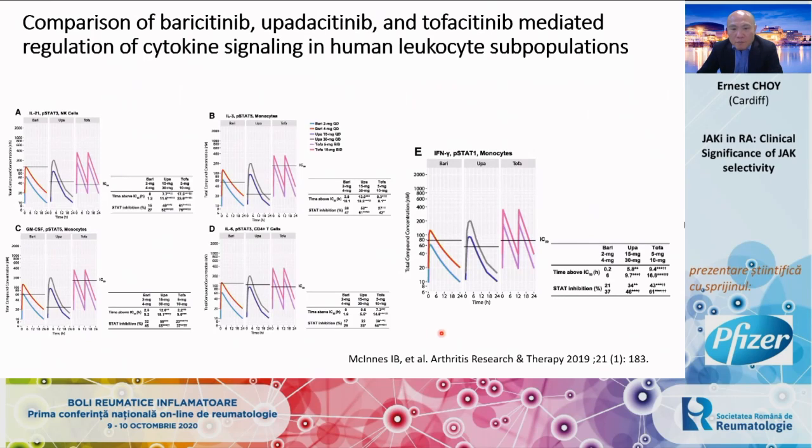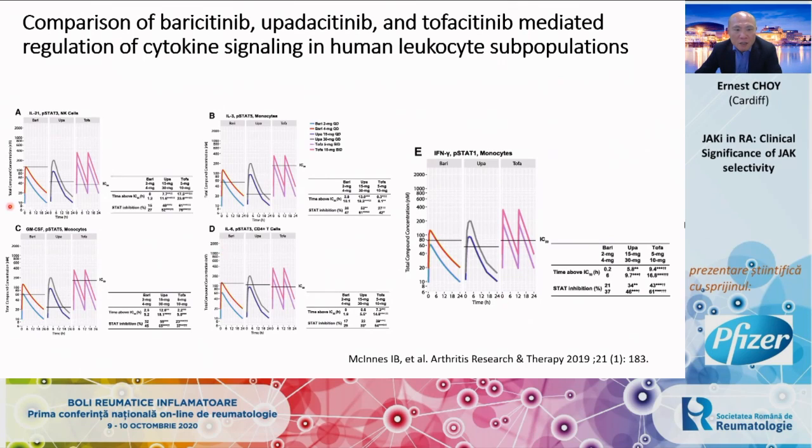The other cautionary tale has been illustrated by Ian McInnes in this paper. So when he looked at the inhibition of different cytokines by JAK inhibitors, and in this study, he included Baricitinib, upadacitinib, and Tofacitinib, and looked at the expression of different phosphoSTAT molecules as well as cytokines.